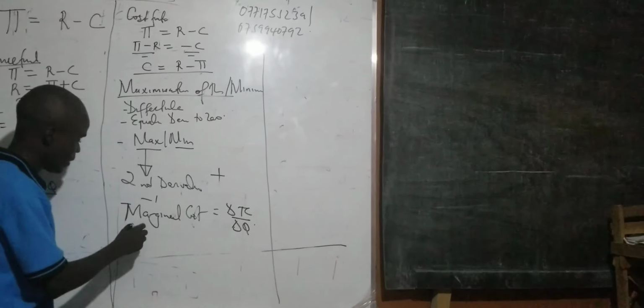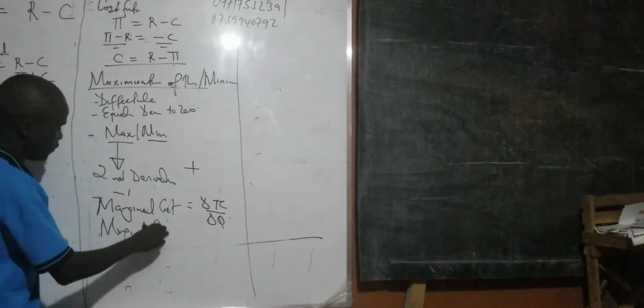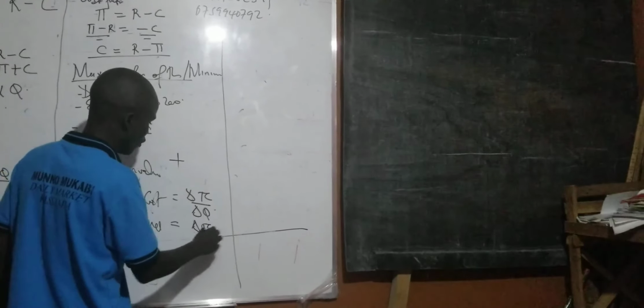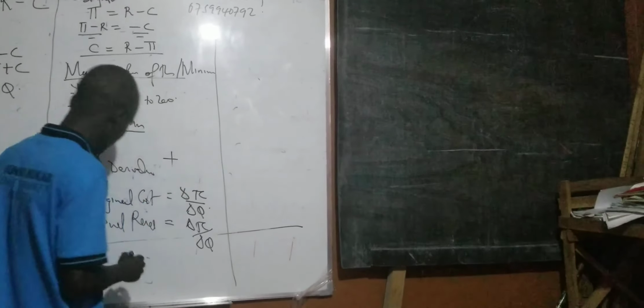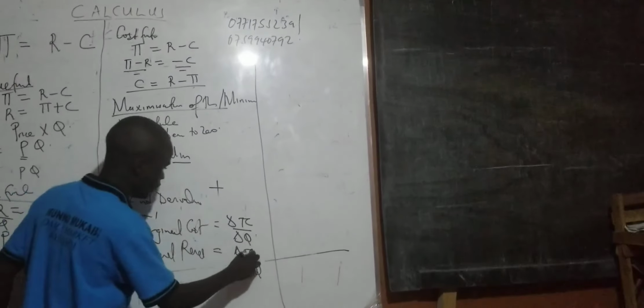It's the same way if they ask you the marginal revenue: change in total revenue over change in quantity. In actual sense, each time they ask you to find the marginal revenue, differentiate the total revenue function.